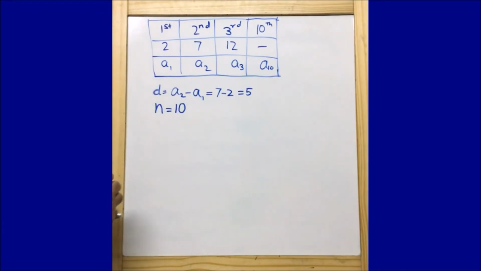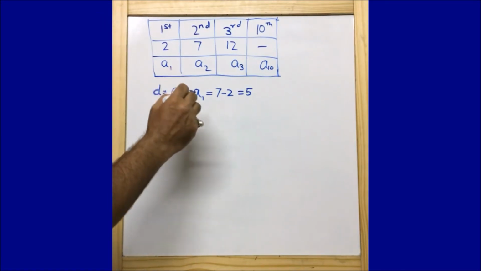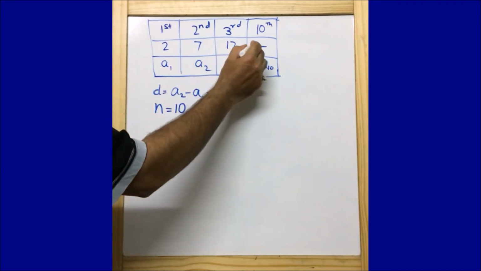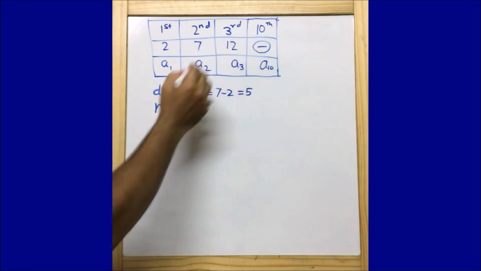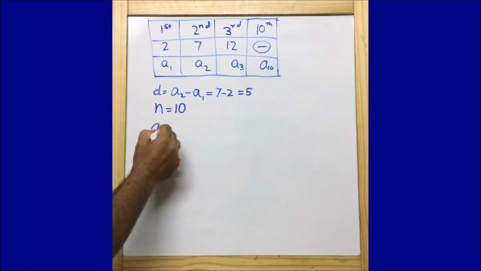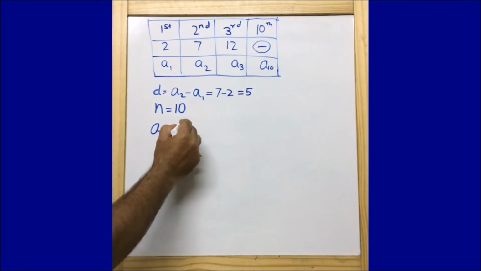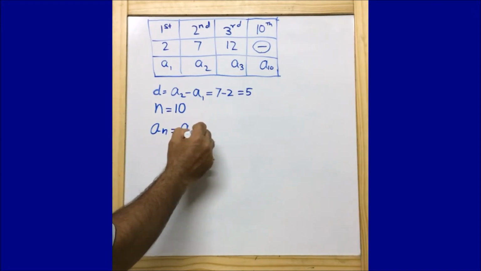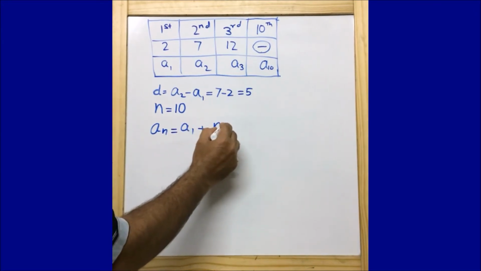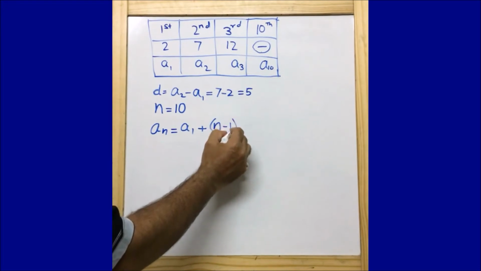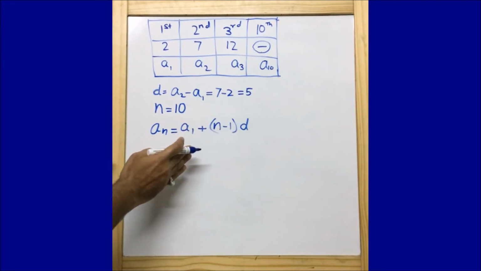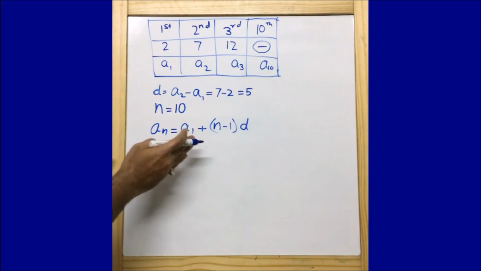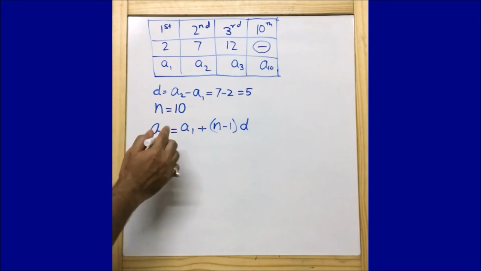So here n is 10, but for finding the sum of the 10th term we need to find this value first, A10, using our formula an is equal to a1 plus n minus 1 into d. Now replacing the values we have, we will get a10.